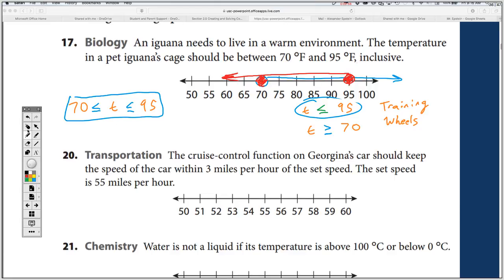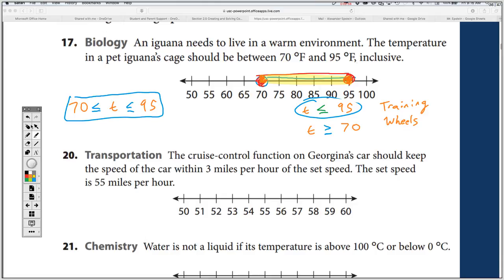So I'm going to erase this part because they don't overlap. And this part, they don't overlap. So only where the red and blue overlap. So my answer only is this part here.